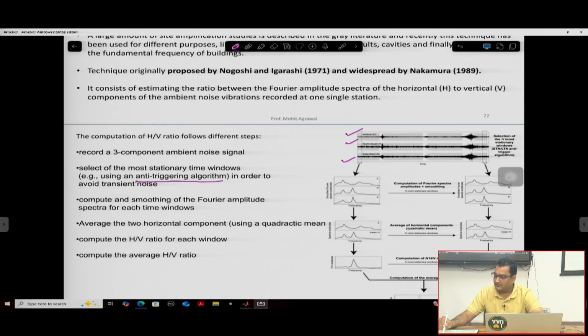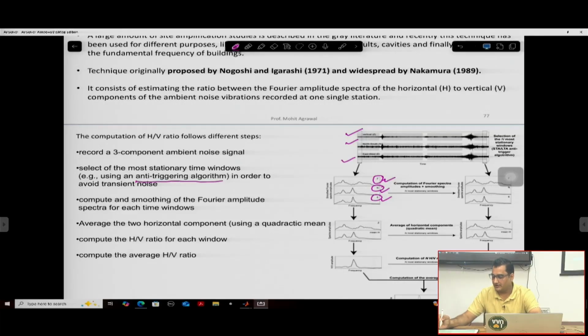After you convert this recording into a number of stationary windows, for each window you need to do the Fourier transform. You are converting the time domain signal into the frequency domain, where the calculations are simpler. For each window you compute the fast Fourier transform. This is for one window: the vertical component, the north-south component, and the east-west component.